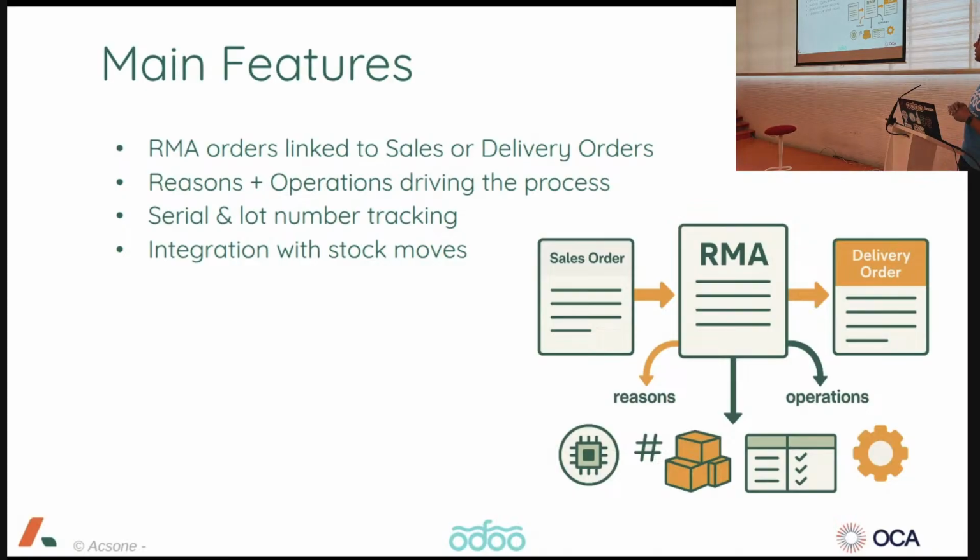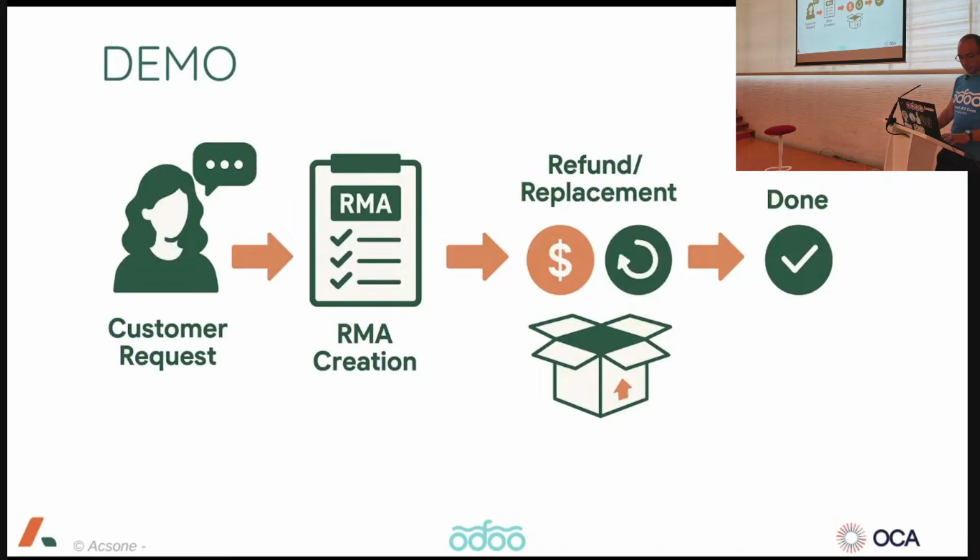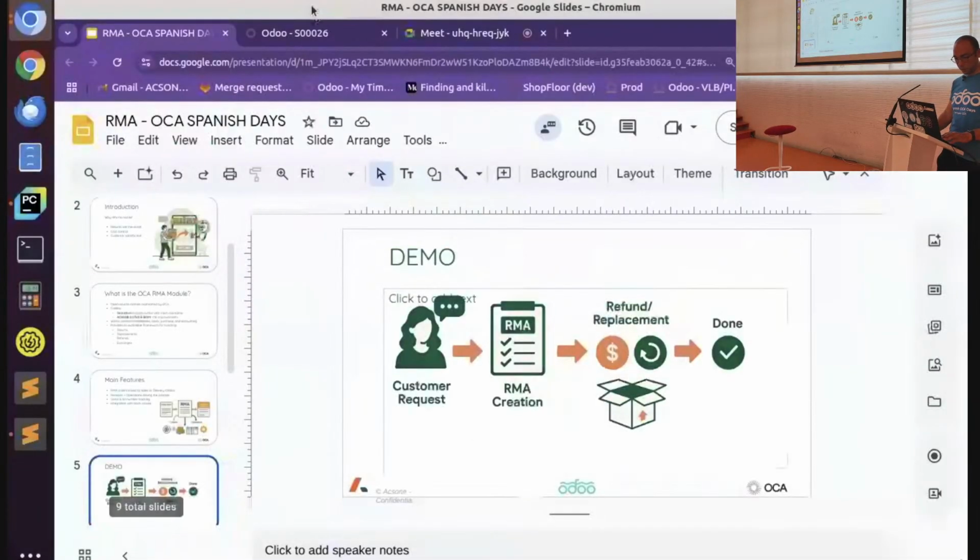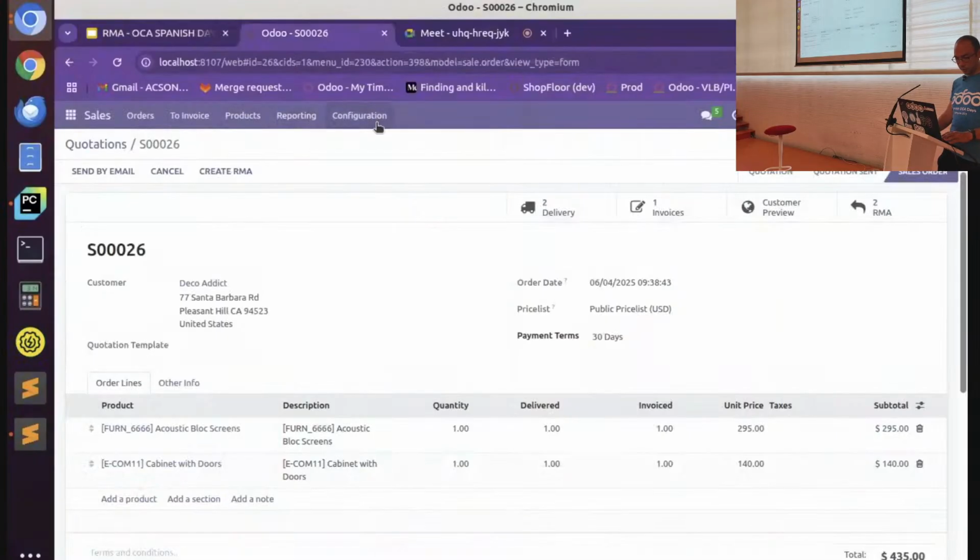We also introduced tracking with serial and lot numbers. This is the case I mentioned earlier: now with the serial number, our customer can say if he is the one who sold this product or not. And of course, an integration with stock moves, because when we do returns, we need to accept returns and deliver the replacement. So let's go directly to the demo.